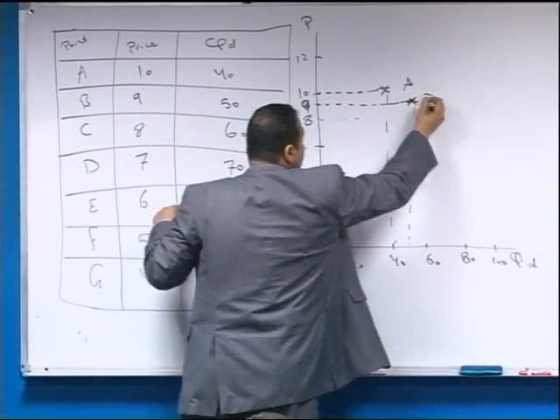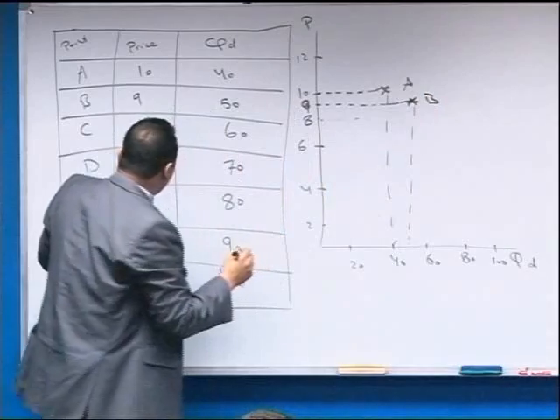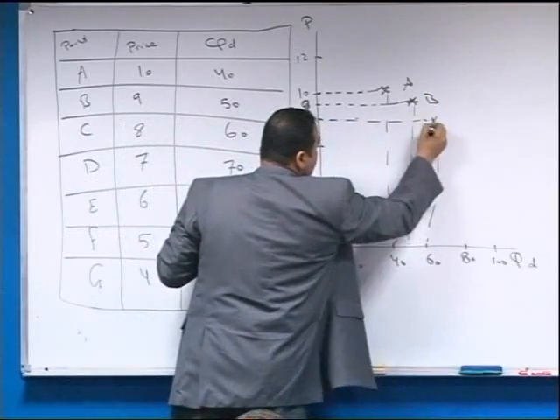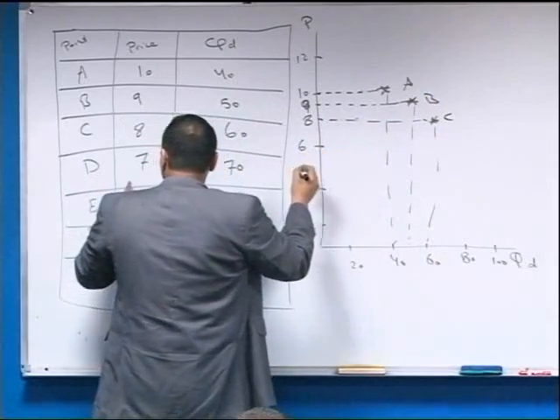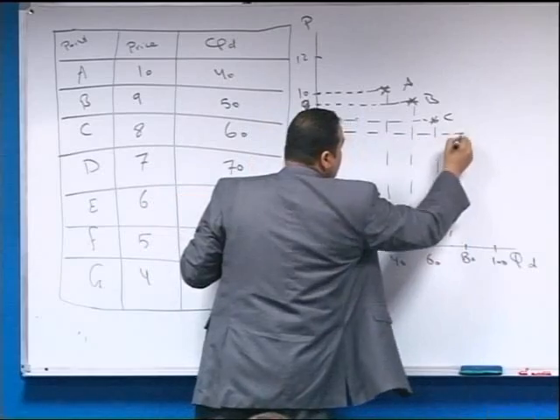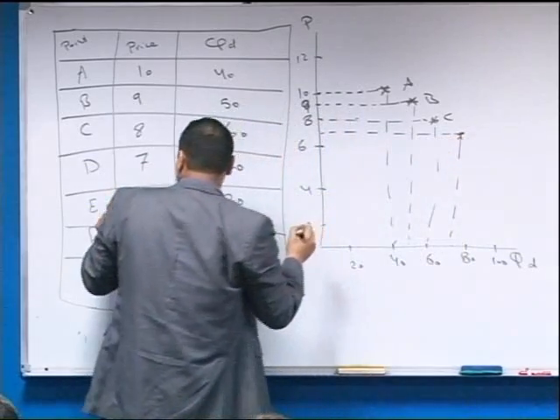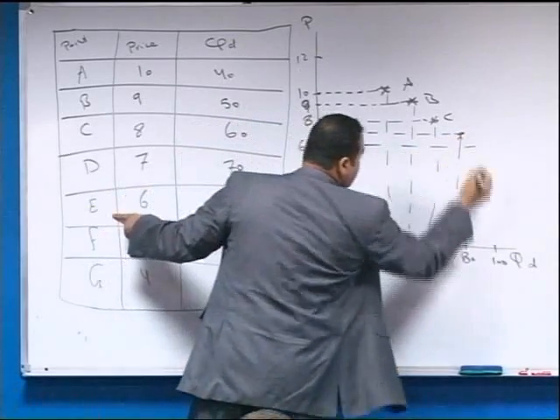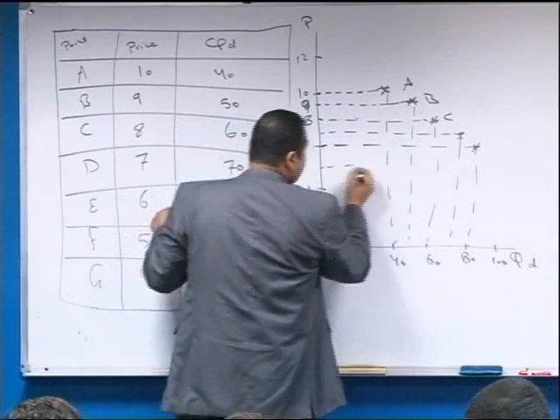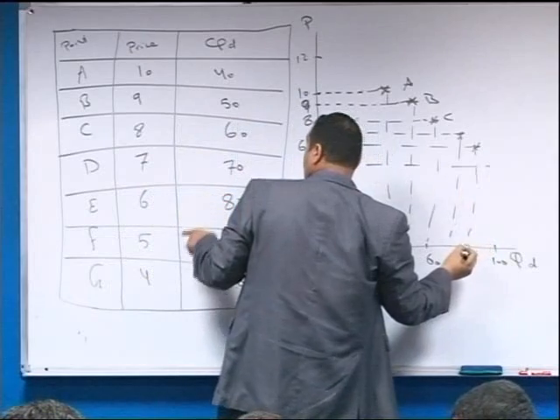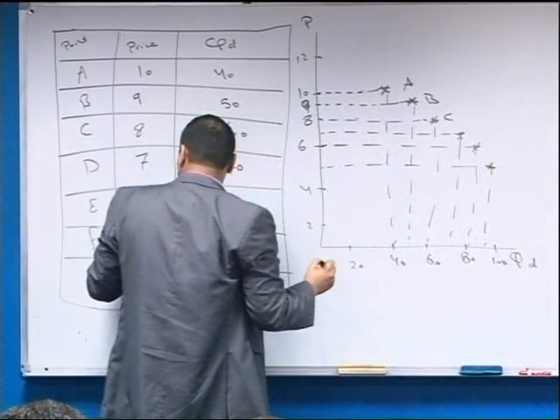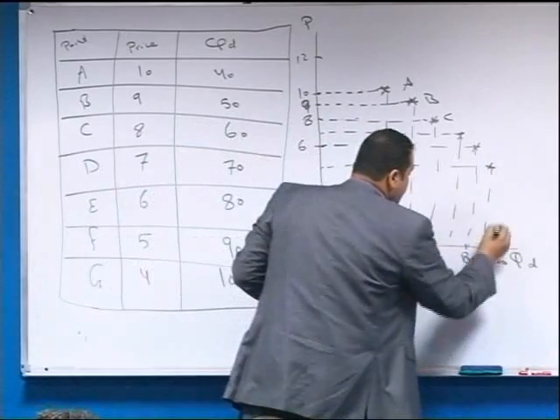Point C, 8 and 60. D, 7 and 70. E, 6 and 80. F, 5 and 90. G, 4 and 100.